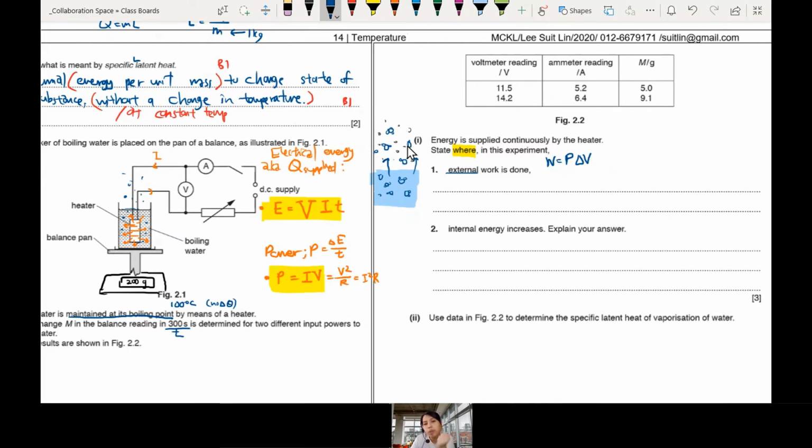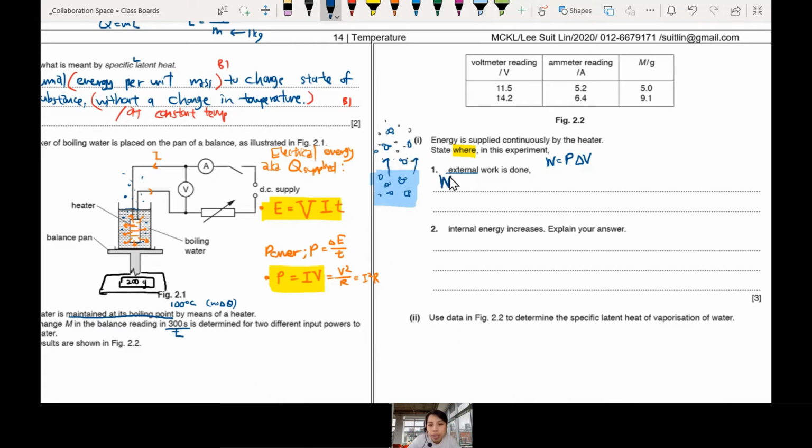But there are already gas molecules out there. Your volume is expanding, but there are already people out there. So actually, this water gas is now doing work against the atmosphere. It's pushing out. It's like, excuse me, we want to come out of the water into the air now. So it's doing work against the atmosphere, atmospheric pressure.